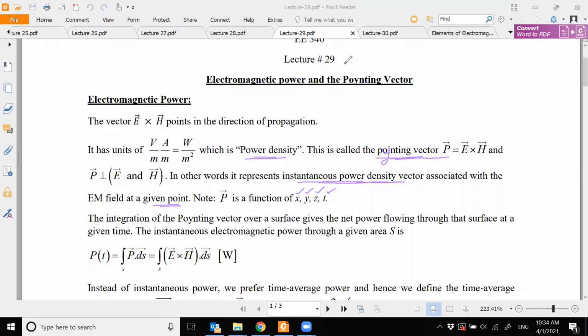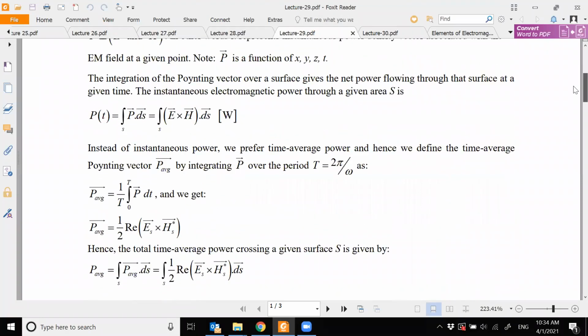Okay. So now, once we have the power density, you can easily get the power. How? By integrating it over any surface. The integration of the Poynting vector over any surface will give us the net power flowing through that surface at any given time.